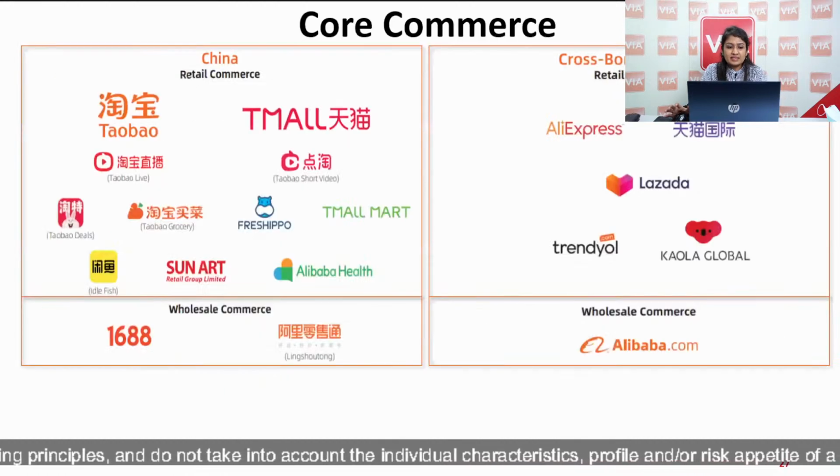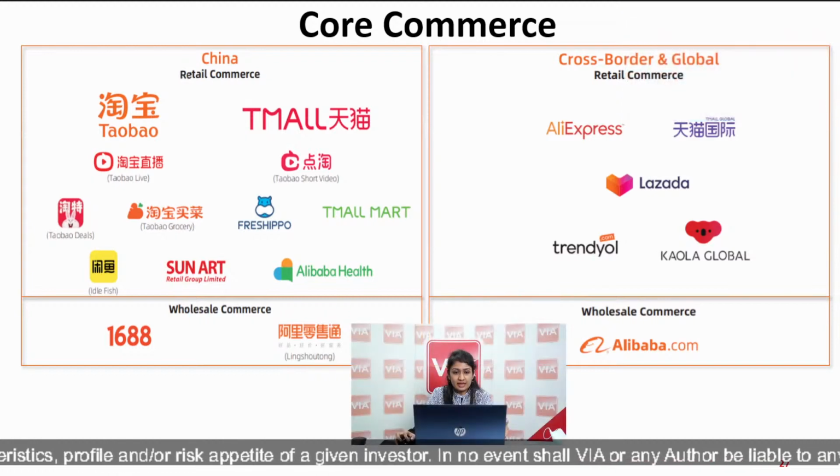Now, I will explain some of the key platforms in the Alibaba ecosystem. So, as explained earlier, core commerce is one of the biggest revenue generating segments for Alibaba. So, it is comprised of China retail commerce and China wholesale commerce. And it is also comprised of cross-border and global retail commerce and wholesale commerce.